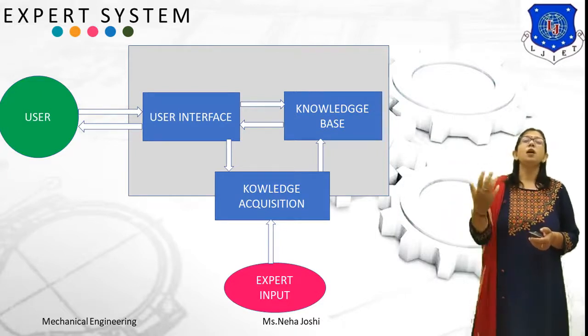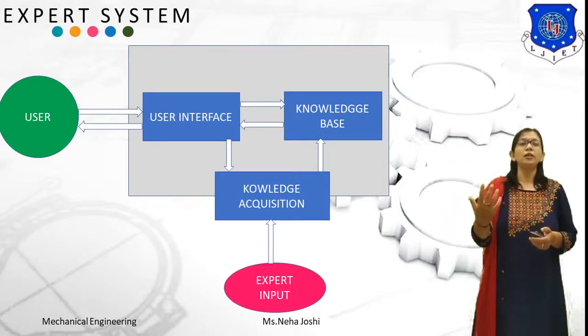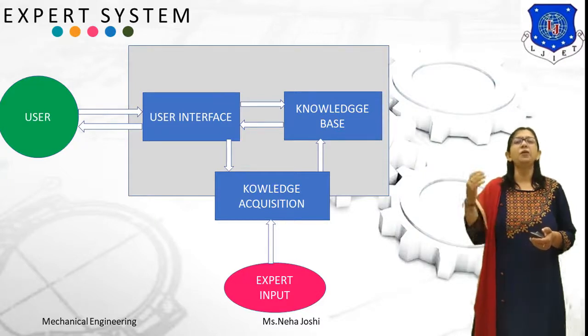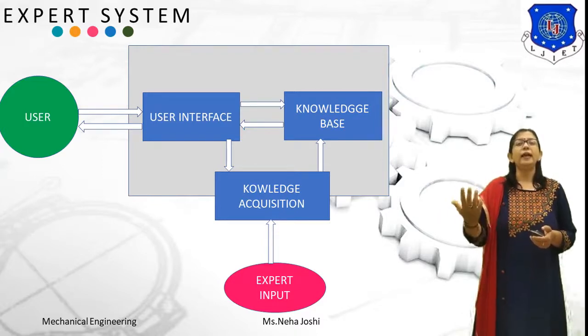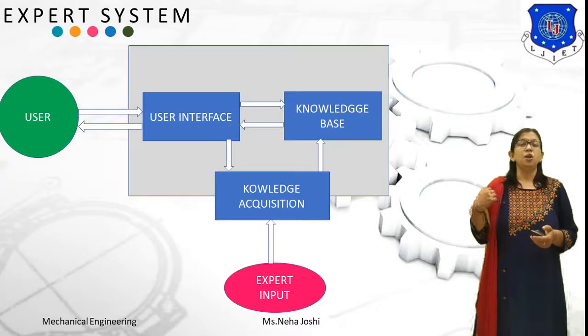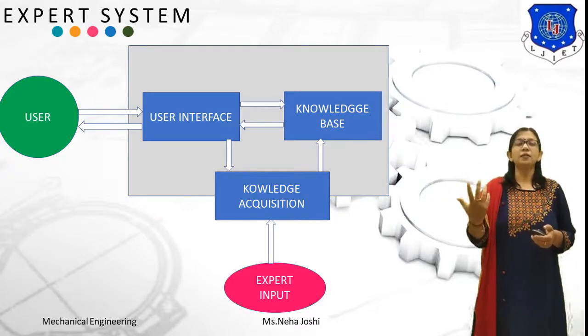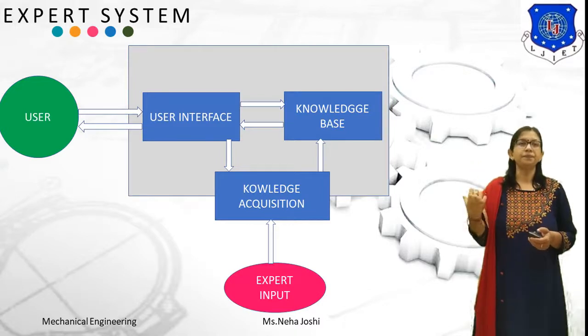The continuous updating of the knowledge base is a basic requirement of a good expert system. The knowledge acquisition unit acquires the knowledge from the outside expert as well as from the output of the inference engine and adds it to the knowledge base. So this is the expert system which is used in SIEM for taking the right decision.